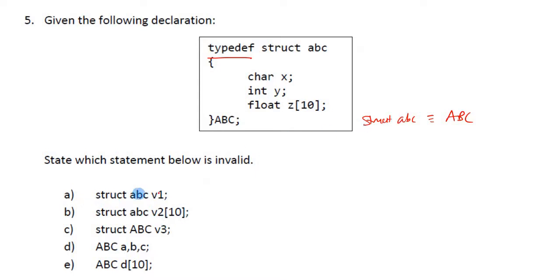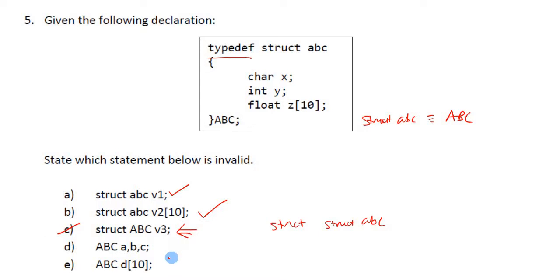So struct abc v1 is valid because you are creating a structure variable. This is basically an array of structures. This is actually the issue, because struct capital ABC is equivalent to saying struct plus another struct ABC, so this will give you a compile error.